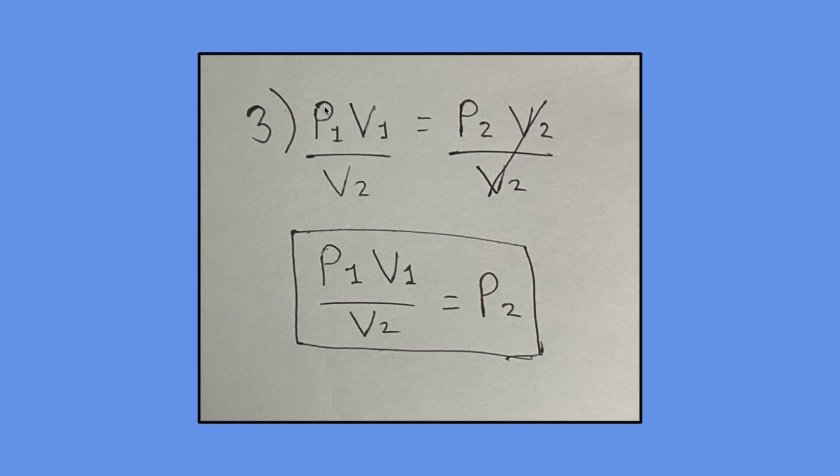The equation given to us was P1V1 equals P2V2, and they asked us to isolate the variable P2. So we just divide by V2 on both sides, and then we're left with P1V1 over V2 is equal to P2, which was choice number 3.